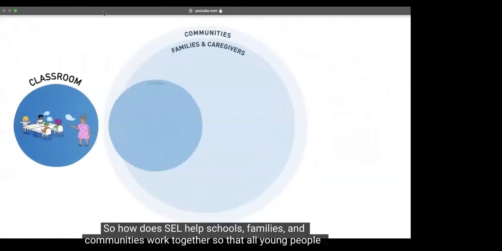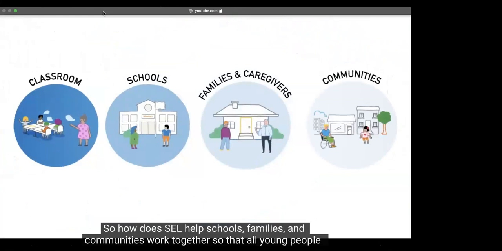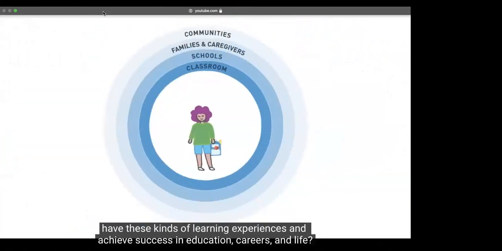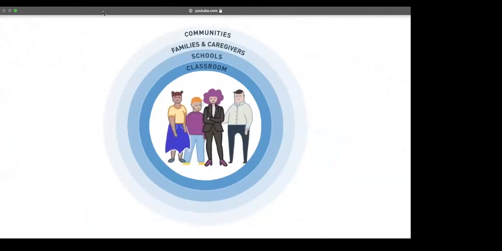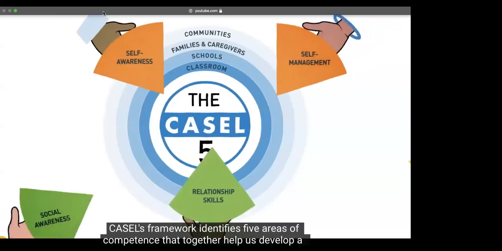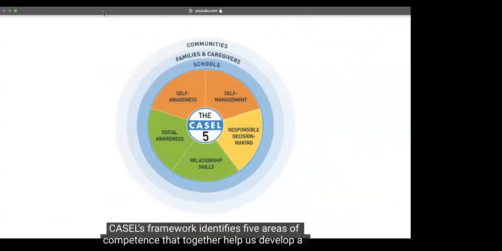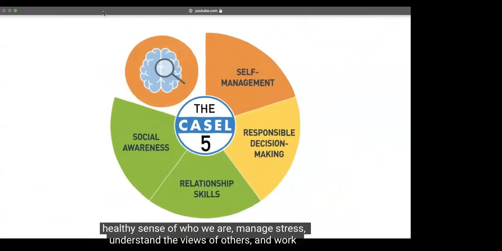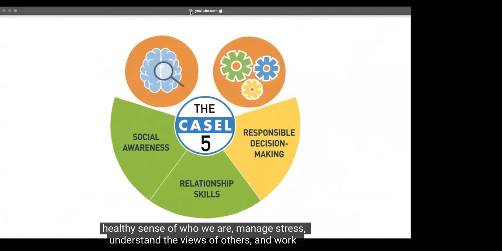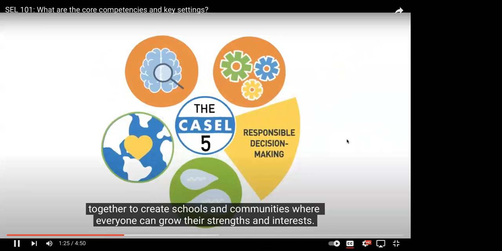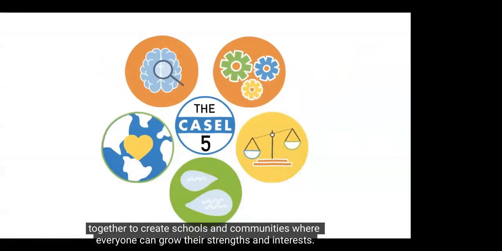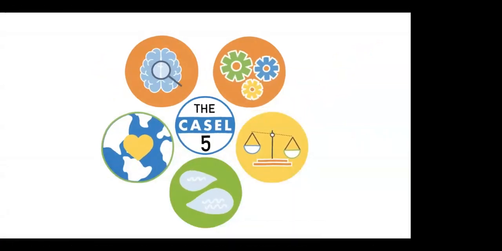So how does SEL help schools, families, and communities work together so that all young people have these kinds of learning experiences and achieve success in education, careers, and life? CASEL's framework identifies 5 areas of competence that together help us develop a healthy sense of who we are, manage stress, understand the views of others, and work together to create schools and communities where everyone can grow their strengths and interests.